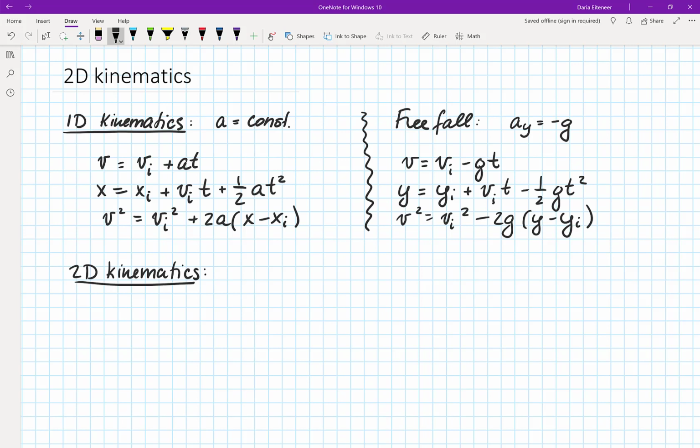The most important thing about two-dimensional motion, even if it wasn't kinematics, if it was anything really related to two dimensions, is that x and y are treated separately and independently.